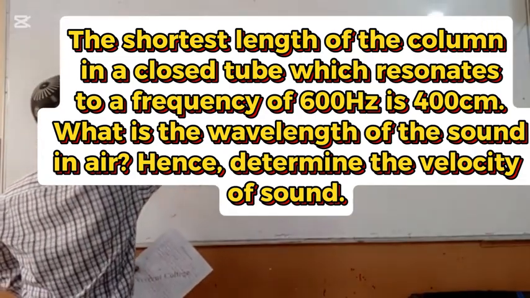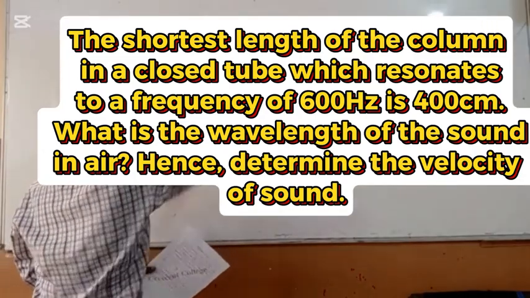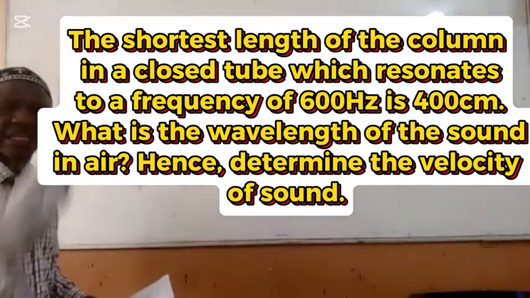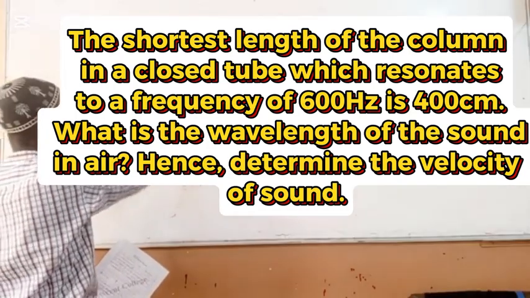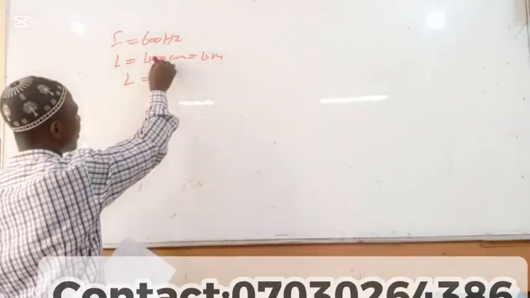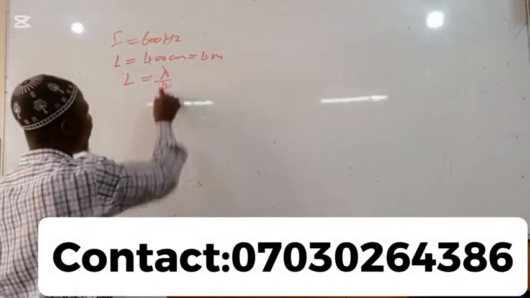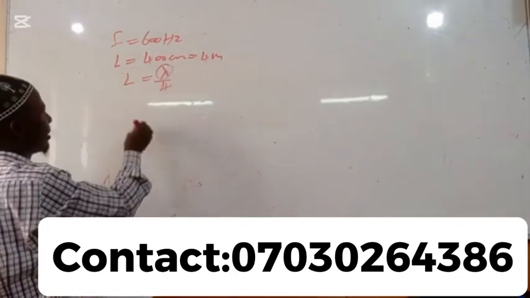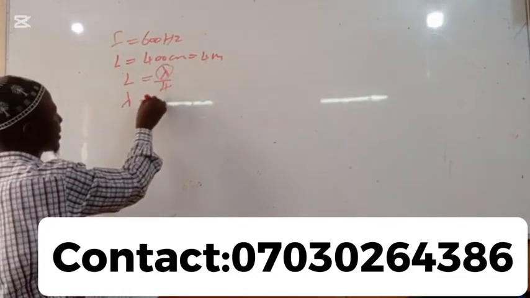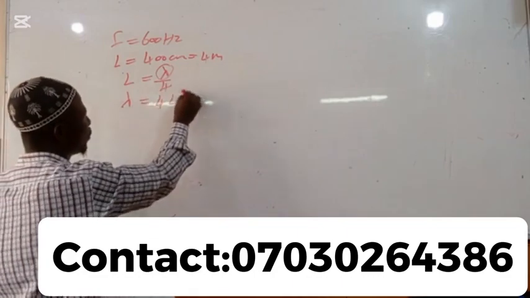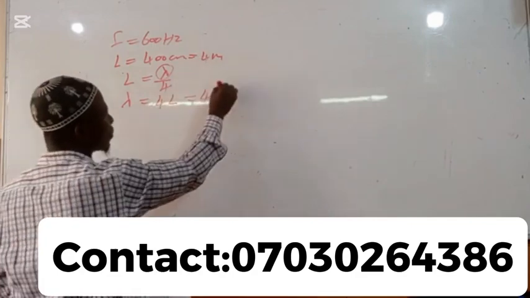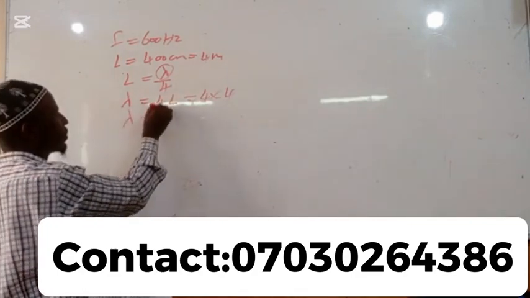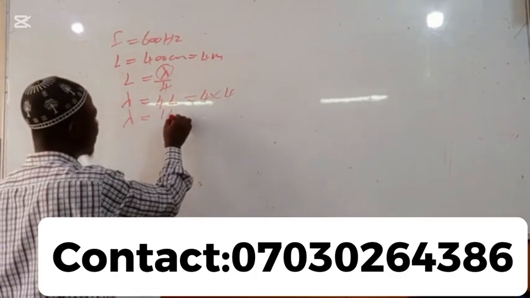Therefore, this will give you 4 meter. Then don't forget, this is a closed pipe. For closed pipe, we have L is equal to lambda over 4. We are looking for this lambda. Therefore, our lambda is equal to 4L, which is equal to 4 multiplied by 4. So our lambda is equal to 16 meter.